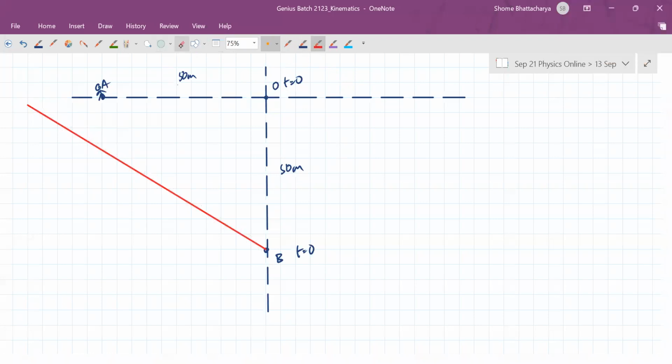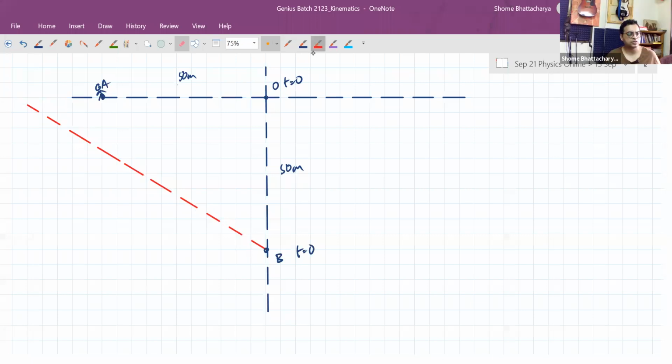So B is moving along this line with respect to A, and this line is along this vector V_BA, which is 20 meters per second in magnitude, but this angle is 37 degrees.